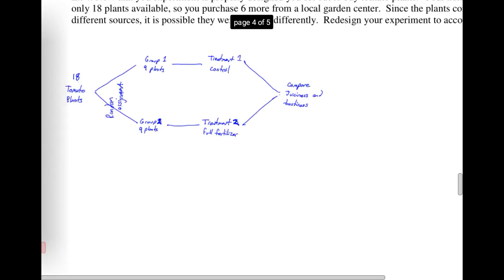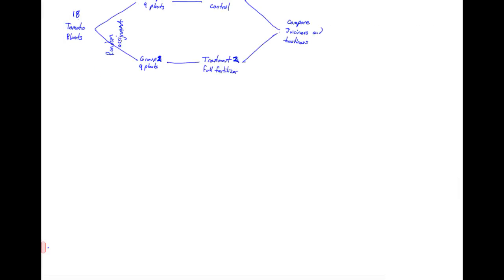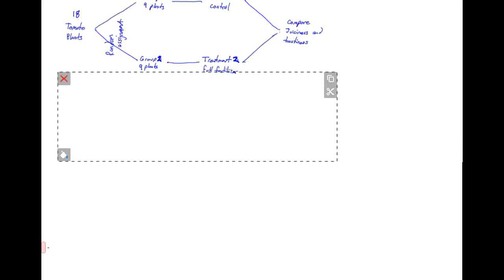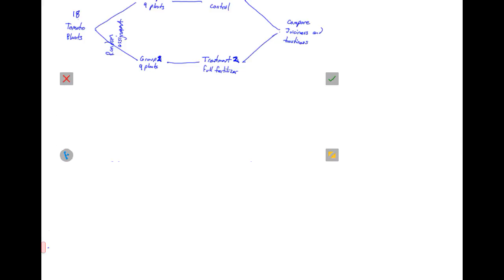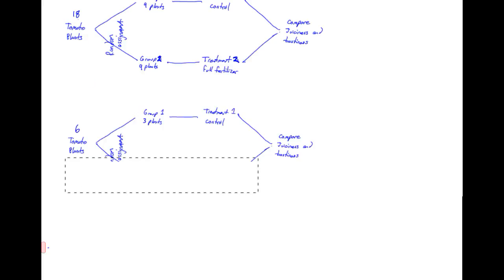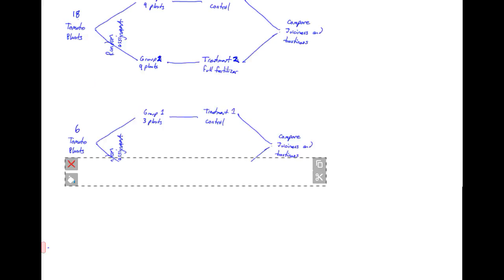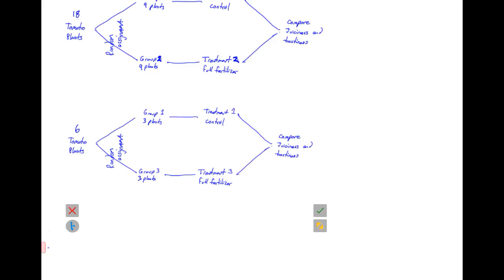Then with our remaining 6 plants, we're going to essentially conduct another experiment. Okay, so I'll randomly assign those into 2 groups.